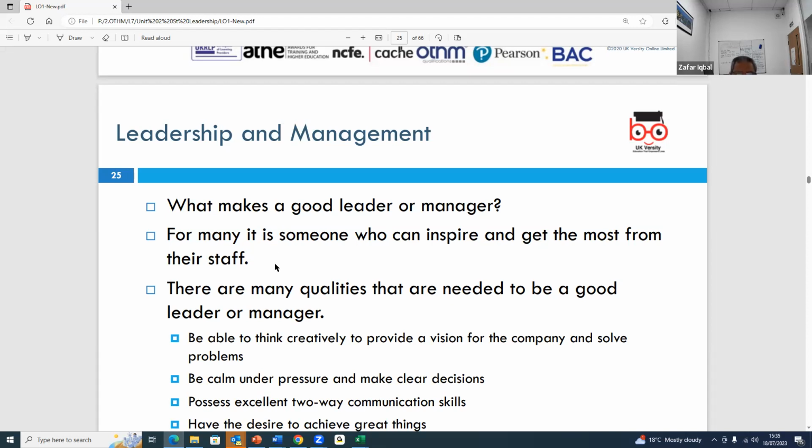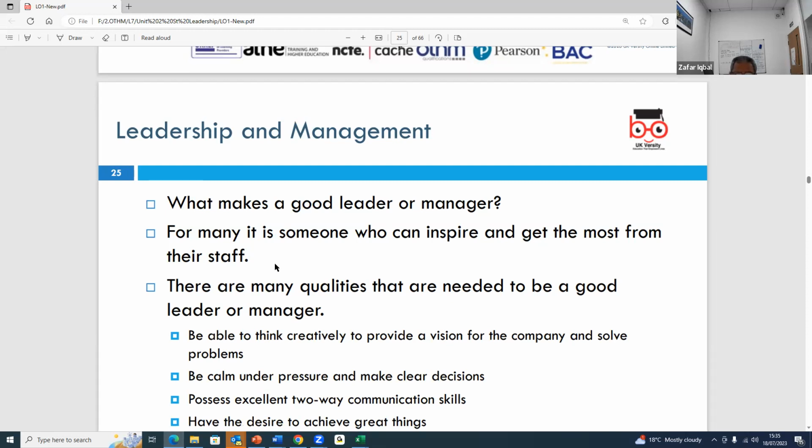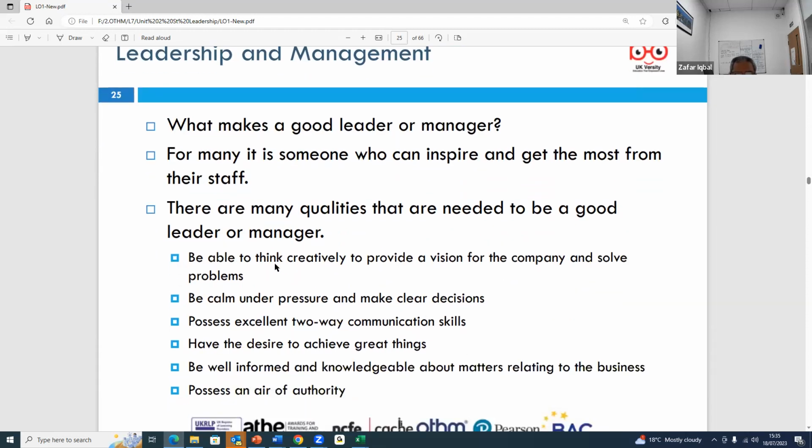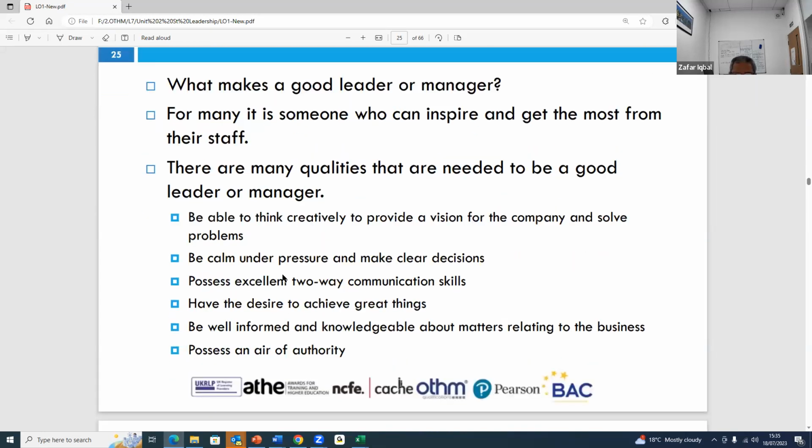A leader has many qualities. In order to be a good leader or a good manager, you should be able to think creatively, provide a vision for the company, solve problems, be calm under pressure, and make clear decisions.